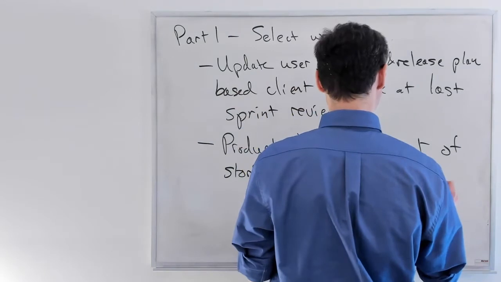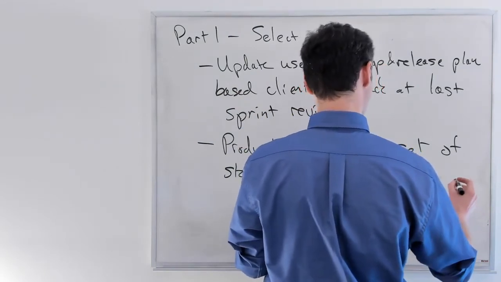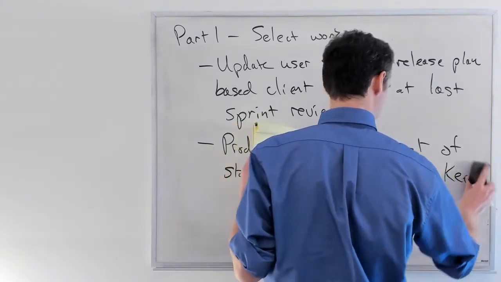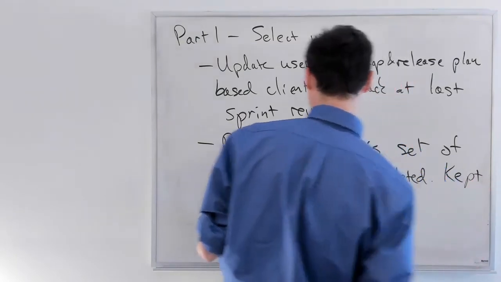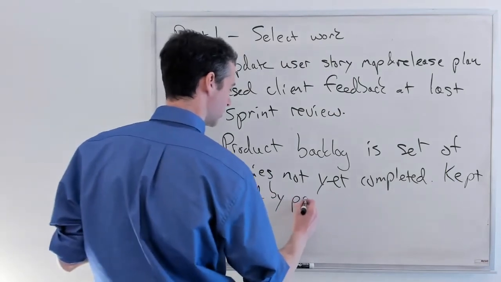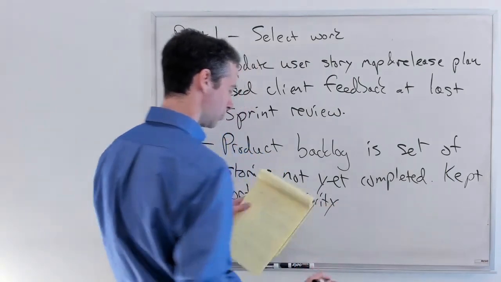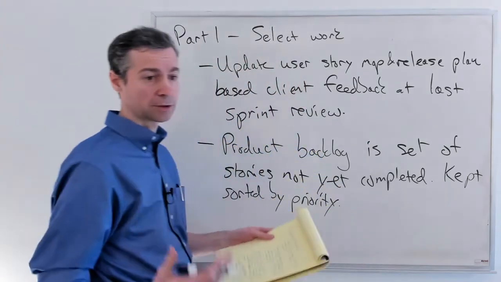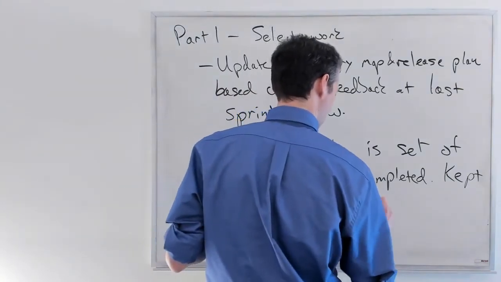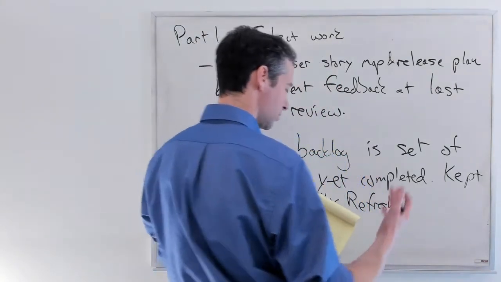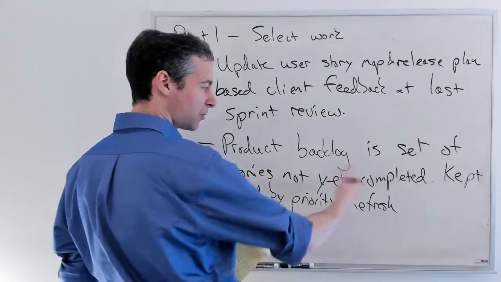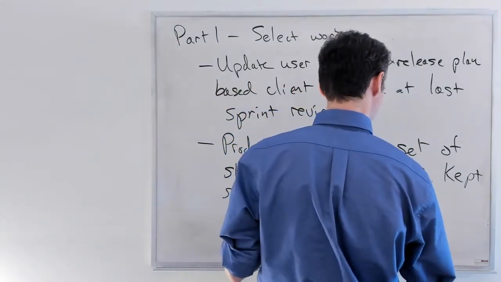Now, the product backlog is kept sorted by priority. This is a task that is typically handled by the product owner. You don't have a product owner. The team is going to manage this together. And as well, since you will be creating a release plan out of your user story map, you really are pulling and refreshing your product backlog from the release plan.